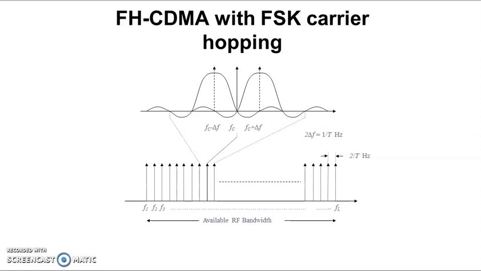Now consider an FSK system modulating here, that is FH CDMA with FSK carrier. Consider a binary FSK system modulated with data of 1 by T, where T is the symbol period.